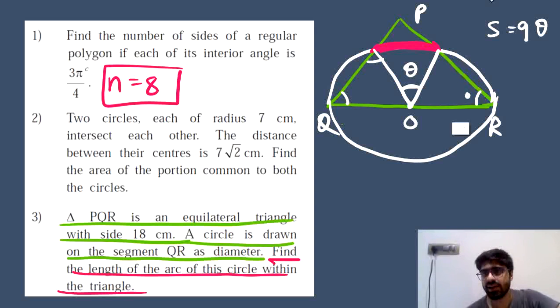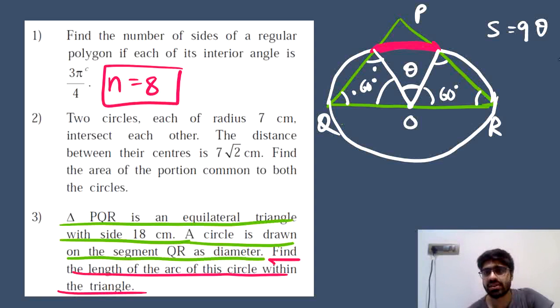That is why this angle here and the angle here will also be equal. All of them are therefore equal to 60 degrees. If this is 60, this is 60. The third angle of the triangle will also be 60 degrees. If this is 60, this is 60. Again, the third angle of the triangle, which is this, is also 60 degrees. This entire angle is 180. So this central angle theta is also 60 degrees.